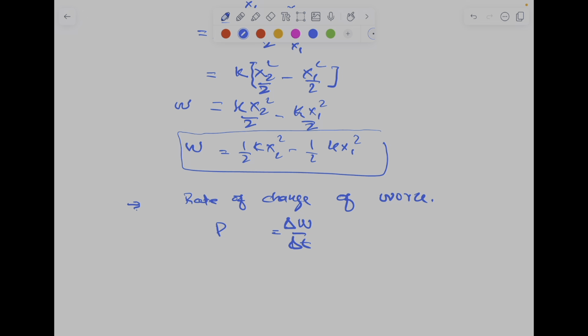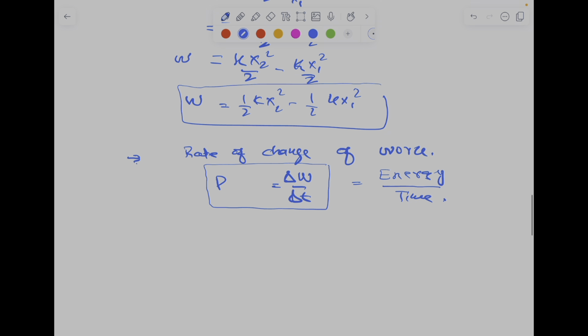So this is the rate of change of work, which is changing energy per unit time. So changing energy per unit time is nothing but power. So this is your average power.